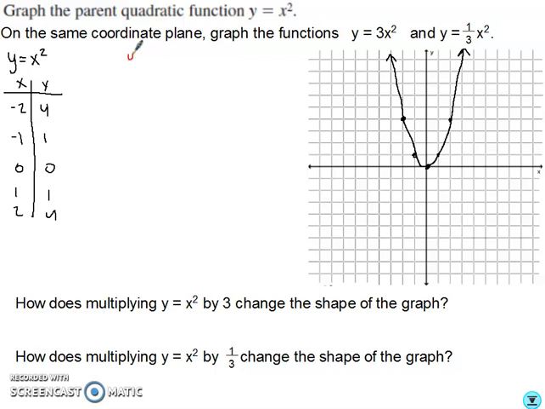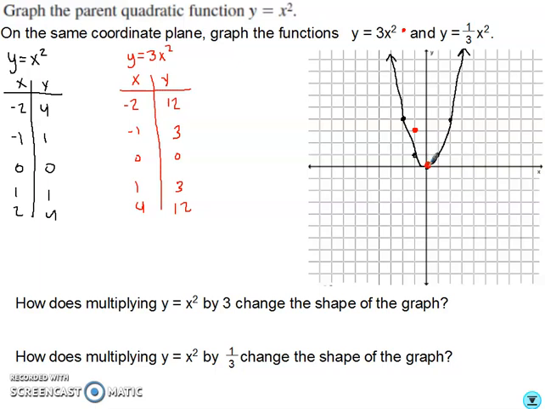Now my y equals 3x squared when I create my chart. I've got 12, 3, 0, 3, 12. So -2, 12. It would be off my graph, but somewhere right about here. -1, 3.